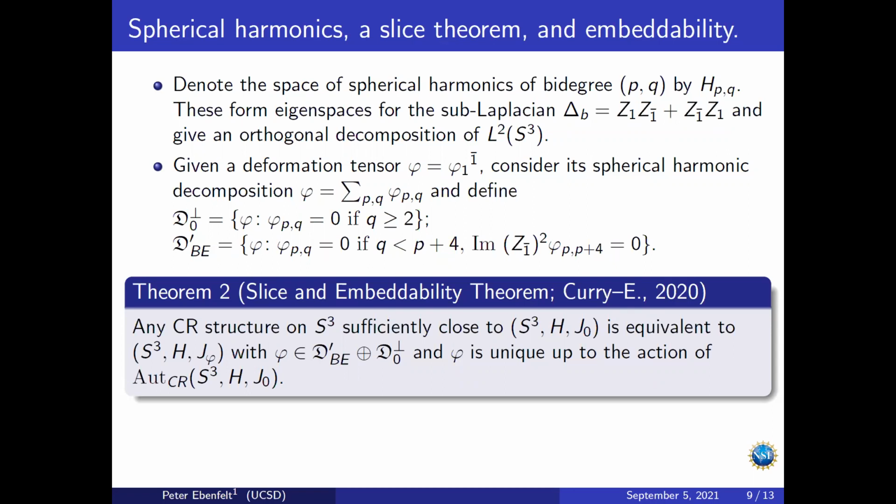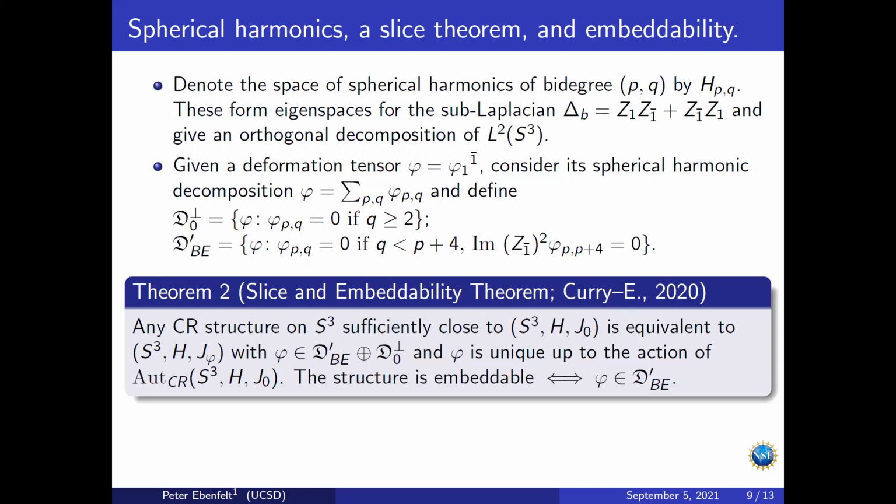Each deformation tensor that has the spherical harmonic decomposition supported in the sum of these two regions does not uniquely represent the CR structure, but almost, up to the automorphisms.